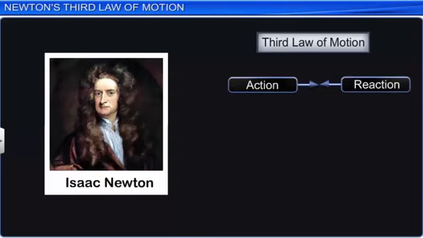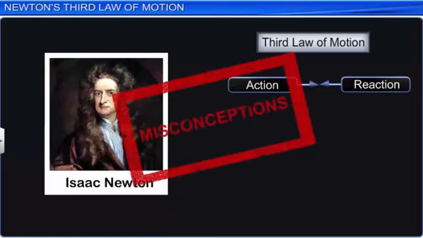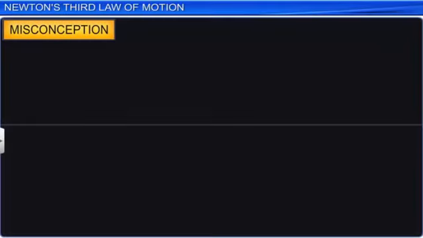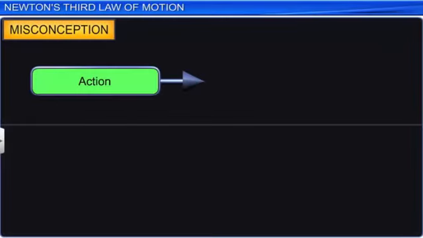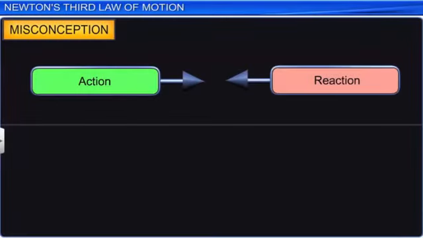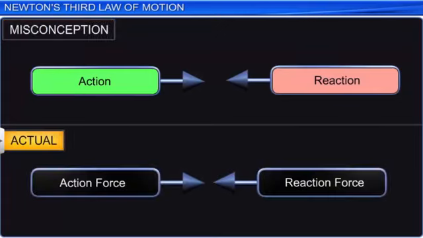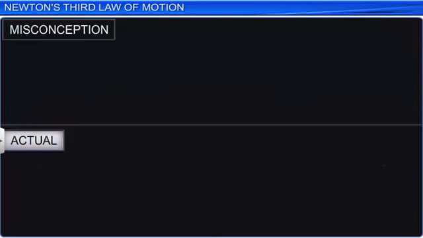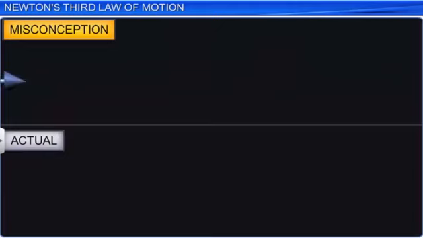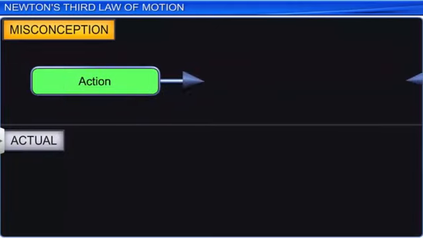Newton's use of day-to-day language in defining this law gave rise to some misconceptions. The two terms, action and reaction, seem like two different things. Actually, both represent the same entity, that is, force. The law gives an impression that action comes first and then its reaction.